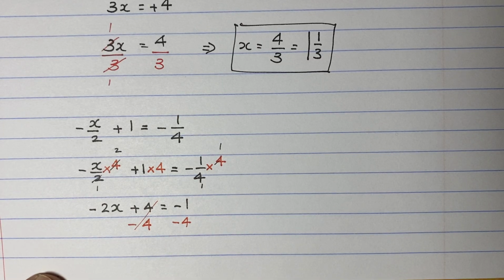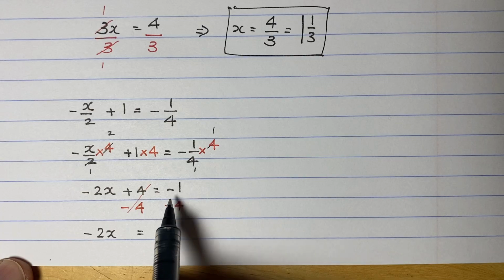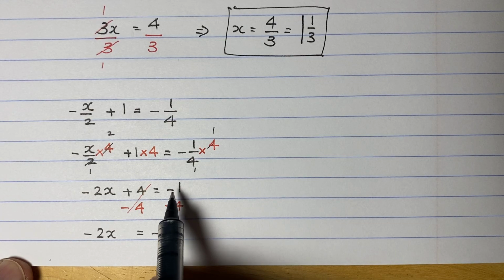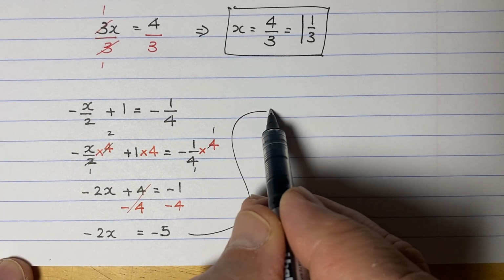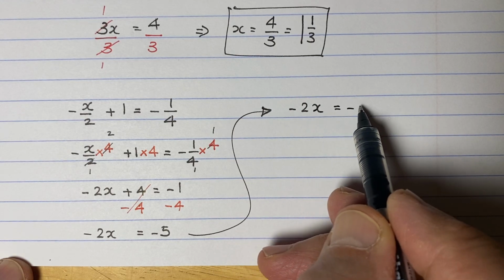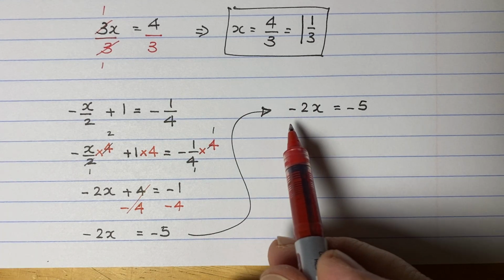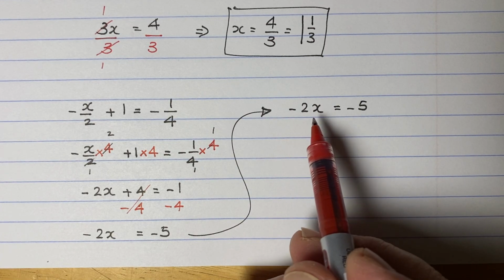So we have minus 2x equals minus 5. Minus 1, minus 4. Then here, I write the equation again. I want to find x. I need to get rid of minus 2, which is multiplied by x.